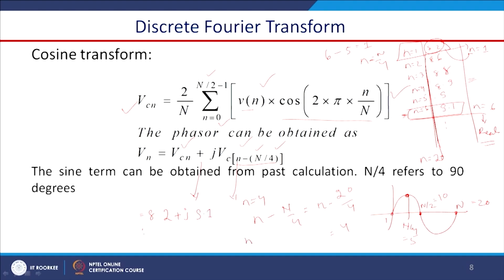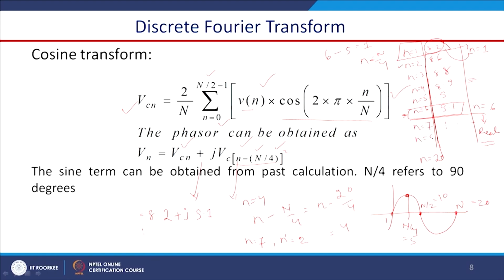If I take n is equal to 7, and let us say this is for n, then n dash is equal to 7 minus 5, so it will be 2. That means it will just keep on sliding. This is the 7th position, so here will be my real and imaginary parts.